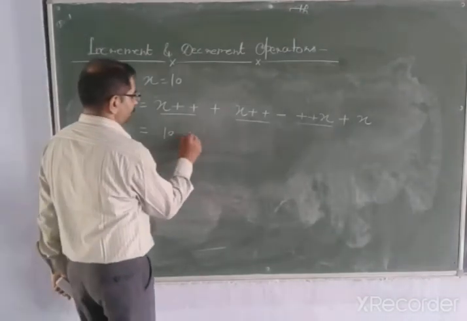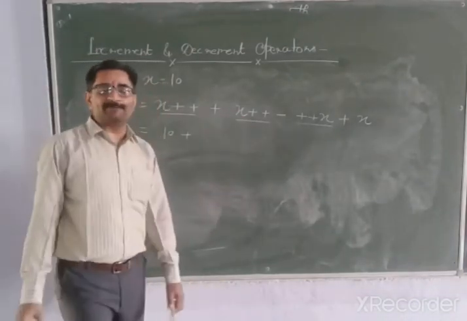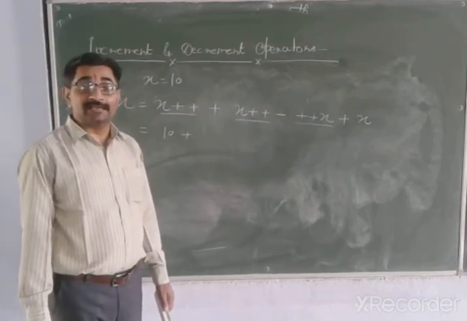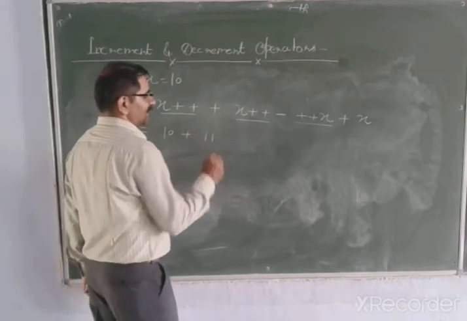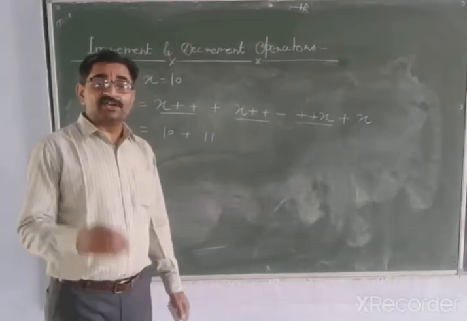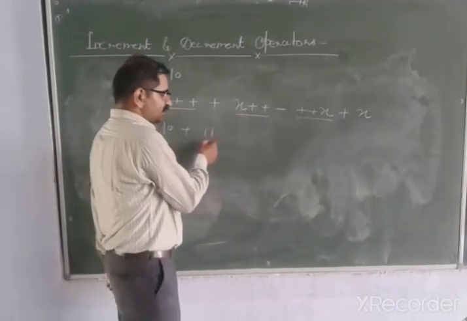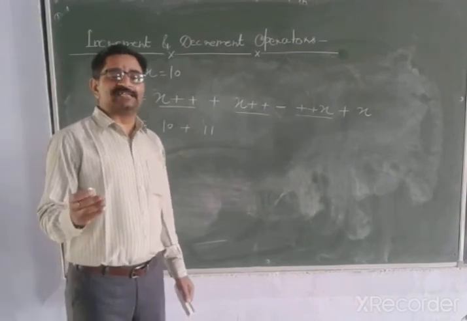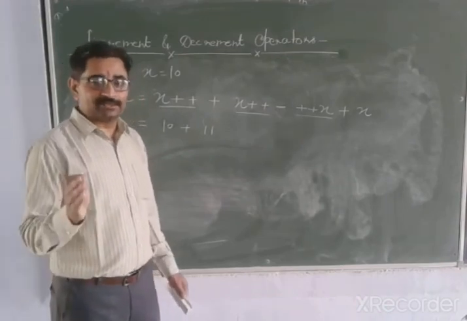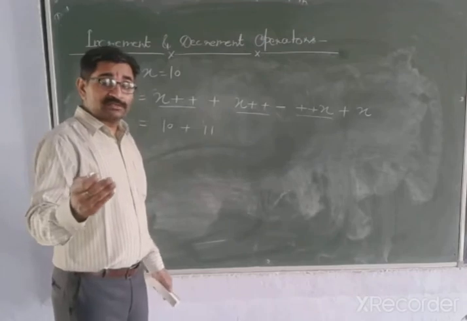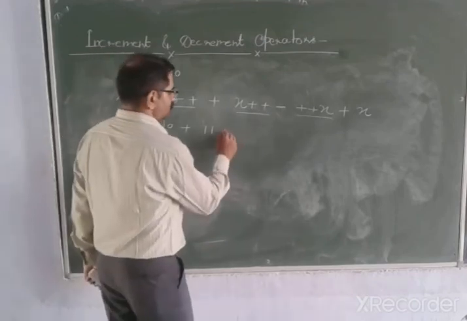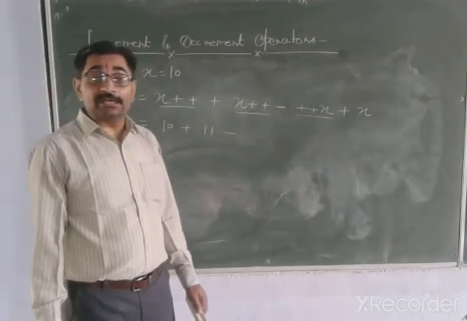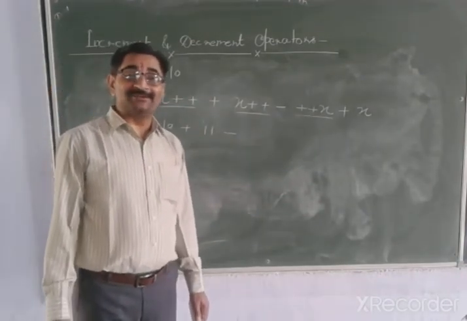So here x plus plus again is post increment, use then change. What is the value of x? 11. So here we take 11, and 11 becomes 12. Since it is use then change, we use 11, then change, so the value of x is incremented by 1. So x becomes 12. Further we use x as 12 for minus plus plus x, which is pre-increment, change then use.